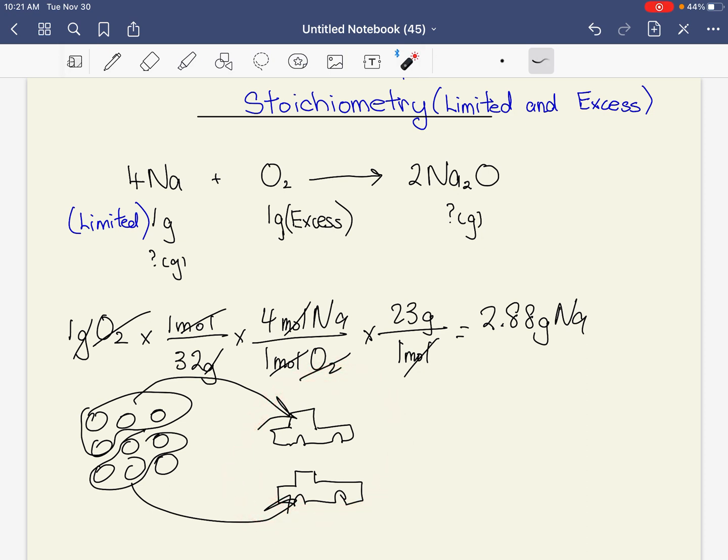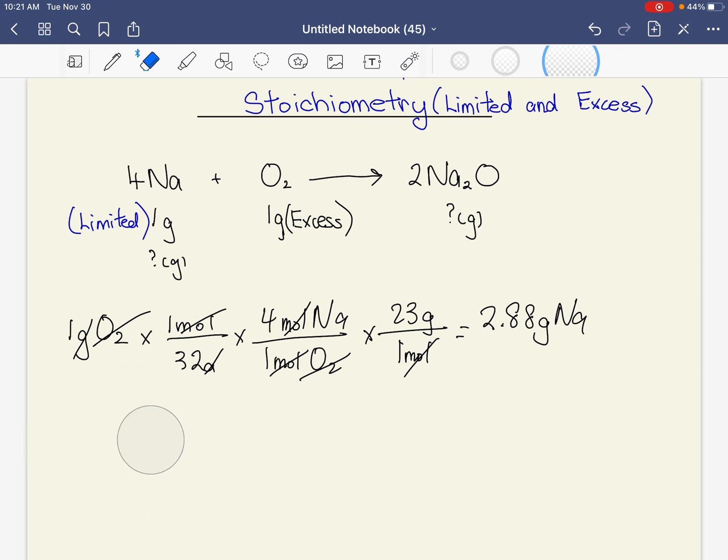The wheel, as you can see, will be the excess. It is the limited that you're going to use to determine how many cars you're going to make. You're probably thinking, oh, well, one car has 4 wheels, you have 9 wheels, you're really only going to make 2 cars, so this is still legit. Yeah. But you know what I mean. All right.